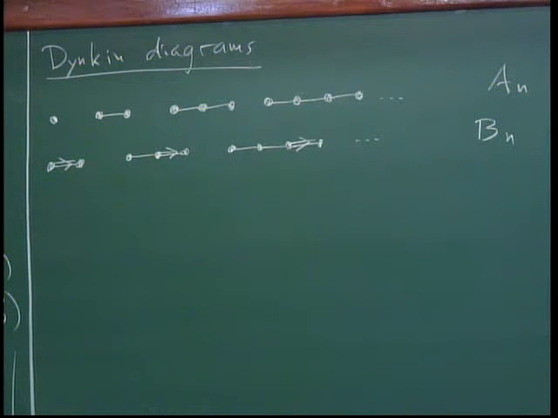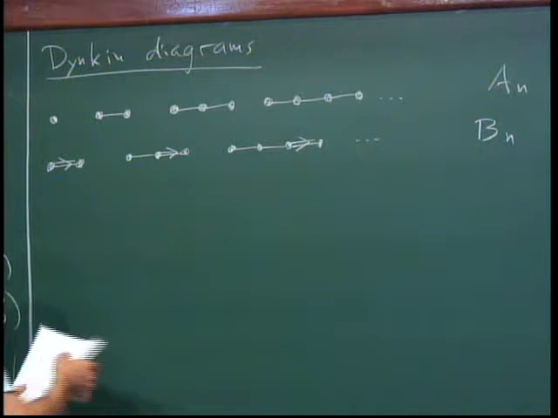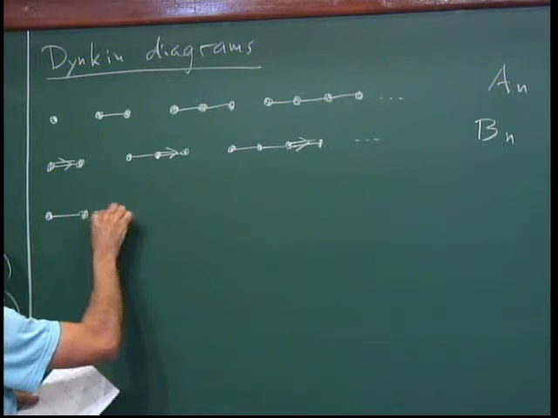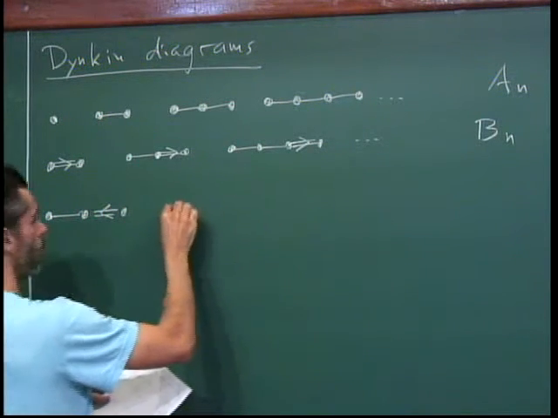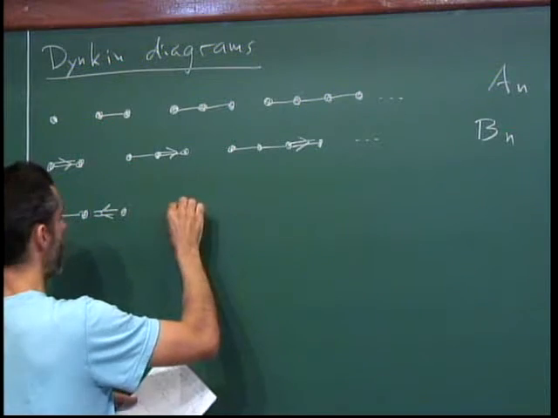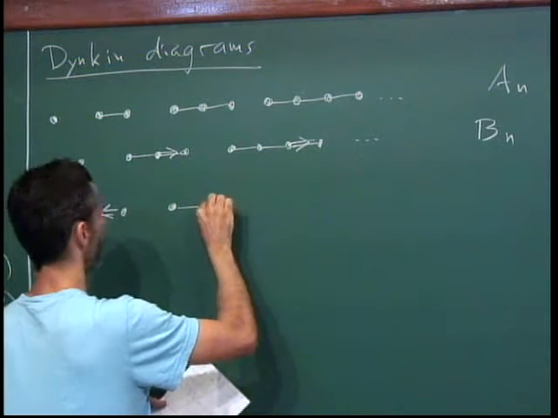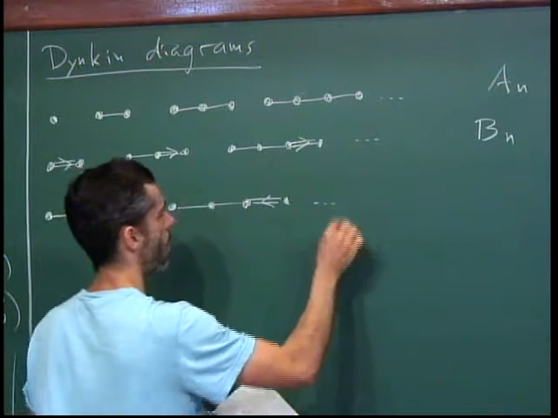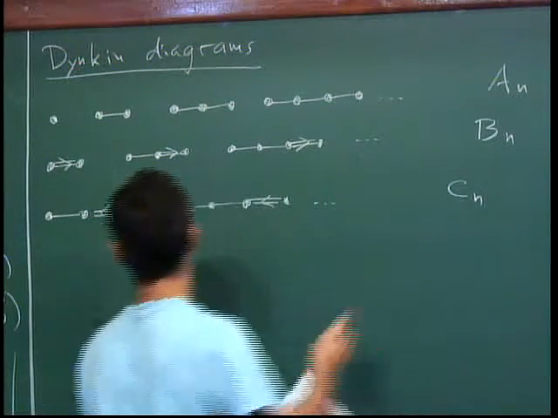It corresponds to the number of Ei's. The same as Bn, but with the arrow going in the other direction, is also allowed. These are called type Cn.